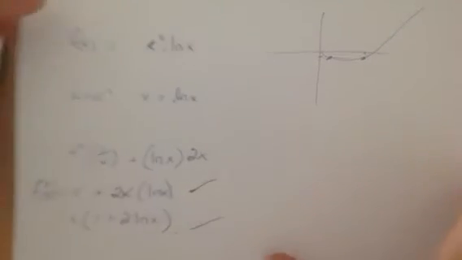Part C, they want me to find the turning points, find the coordinates of the local minimum point of the graph in terms of e. Well, what do you know about the local maximum or minimum? You know the slope is 0.